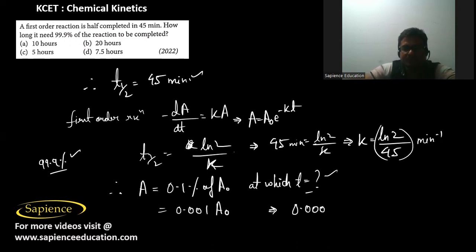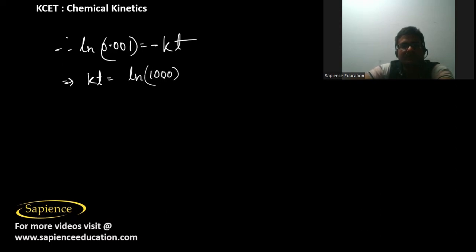So I can say 0.001 A naught equals A naught e power minus kt. So that t we have to find out. A naught will cancel out. Therefore ln 0.001 equals minus kt. So kt equals ln 1000. ln 1000 means 3 ln 10. Now ln 10 is 2.303.